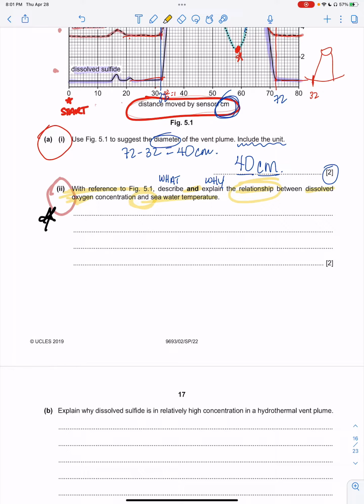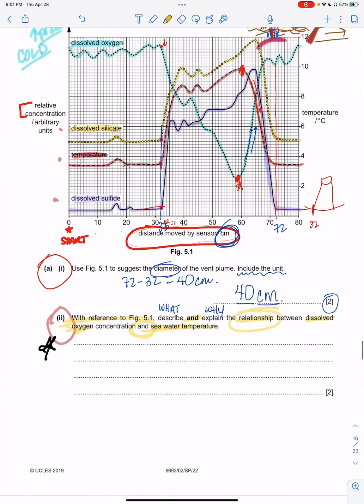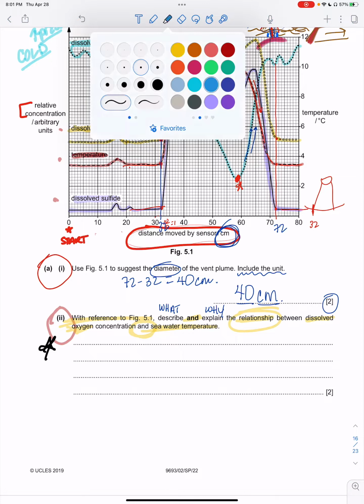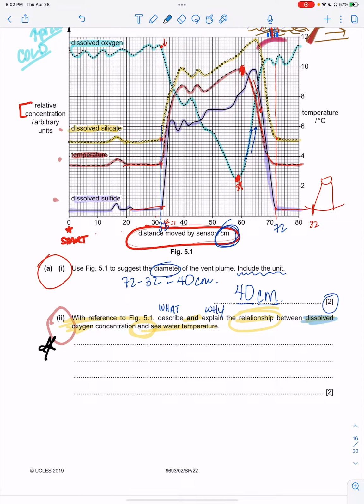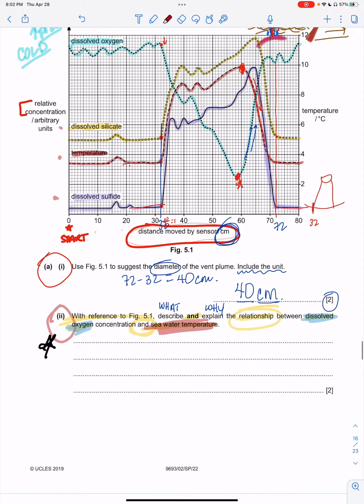All right, so what is the change, or how do they correlate with each other? The relationship between the dissolved oxygen, which is your blue line, and seawater temperature, which is our red line. I think you already know the answer. You should already know the answer because you've done this so many times.